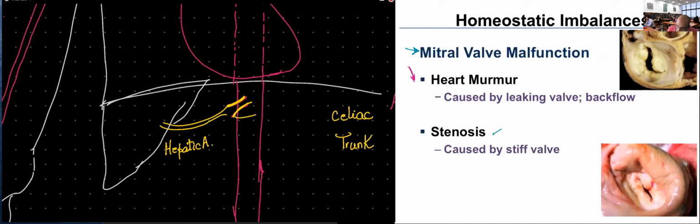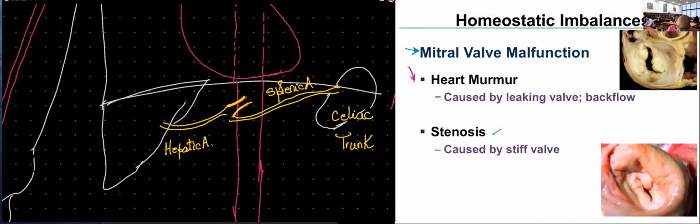And the branch that will go to supply the spleen. What do you think we're going to name the branch of the celiac trunk that will supply the spleen? If the one supplying the liver is hepatic, the one that supplies the spleen is going to be my splenic artery.